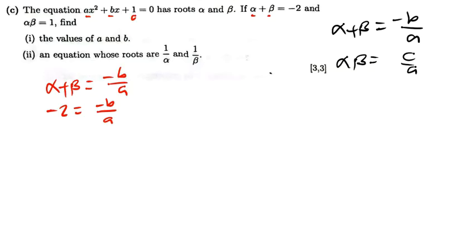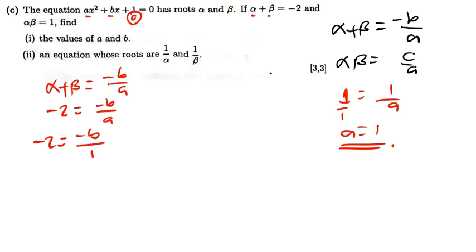So alpha times beta is c. Alpha times beta is 1. Then c is 1. We can see clearly, there is 1. I divide this by a. So if I cross multiply, a will be equal to 1. So that's the value of a. A is 1. Now I'll come back here. This is negative b, so I put 1. I cross multiply, I'll have negative b being equal to negative 2. If I divide both sides by negative, b will be equal to 2.